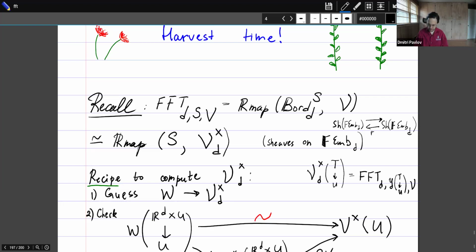I guess we can indicate this as iota upper star, where iota is the inclusion of the unenriched side into the enriched side.